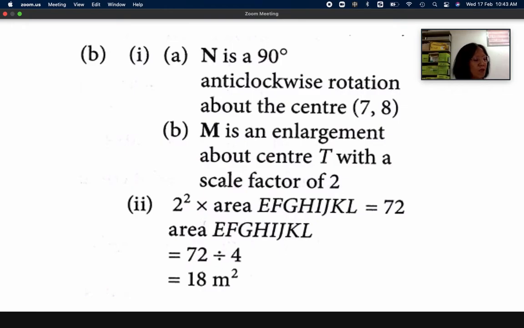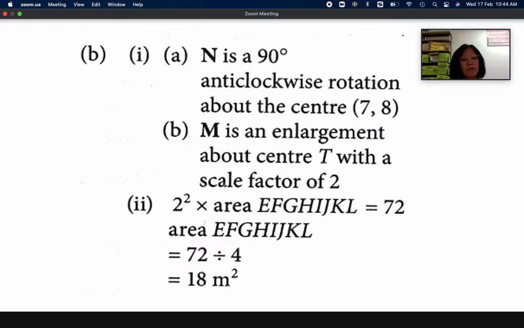So we use the formula A1 over A2 is equal to L1 over L2 to the power of 2 because the two objects are similar. Enlargement, it is under similarity because under enlargement, the shape must be the same, the size not the same. That's the definition of similarity.